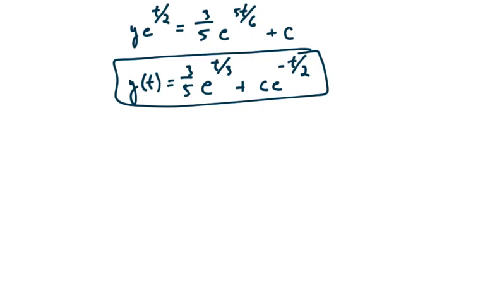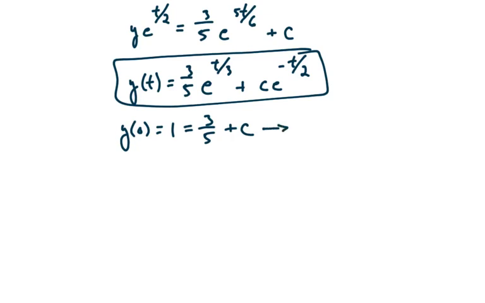So we want to know y at 0, that's going to be 1. So when we plug in 3/5 times e to the 0, that's 1, plus c times e to the 0 is 1, equals 1.